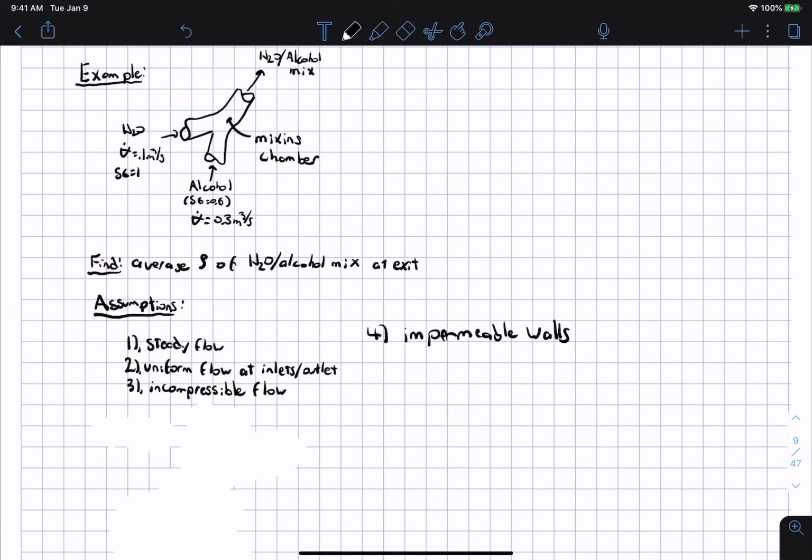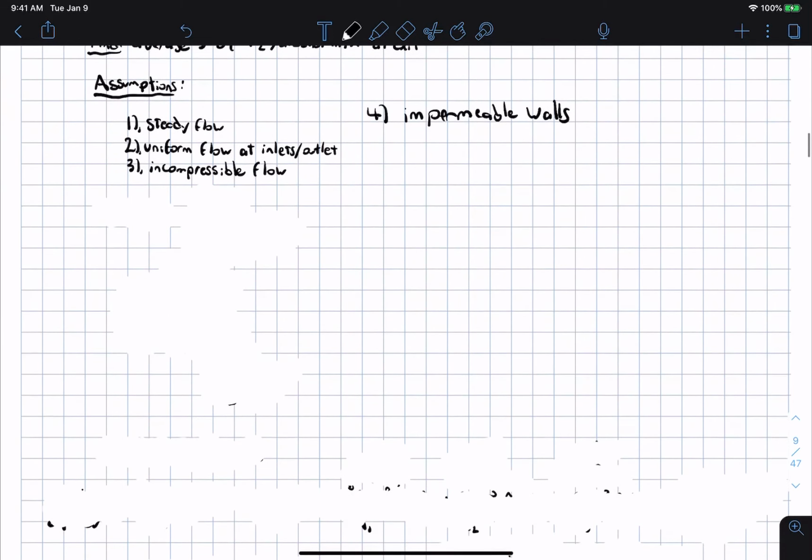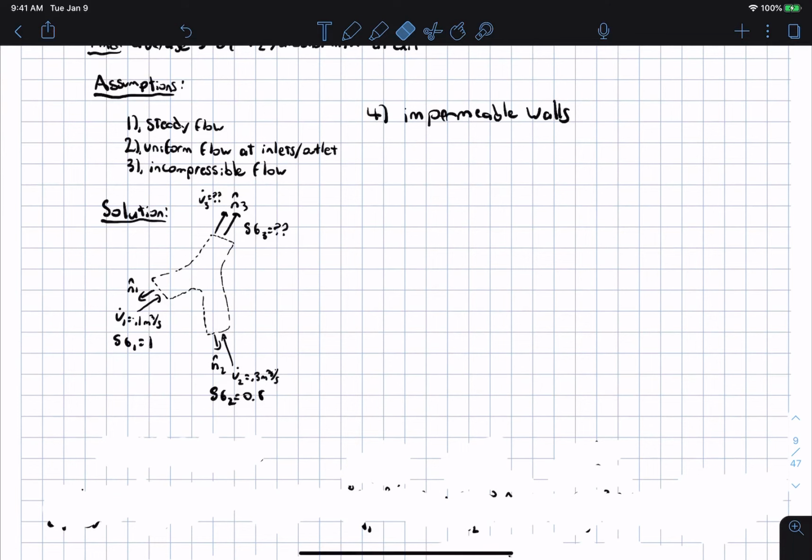Okay, so the solution is we need to apply conservation of mass, and to do that, we need to draw a control volume. Here I just drew a pretty bad control volume following that tee.